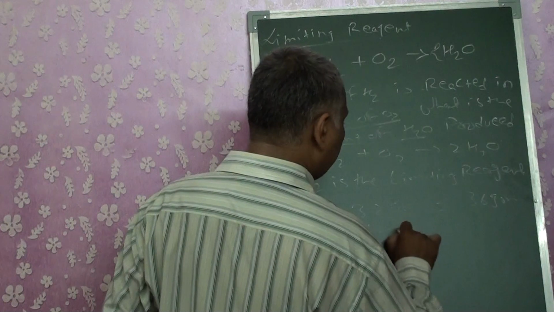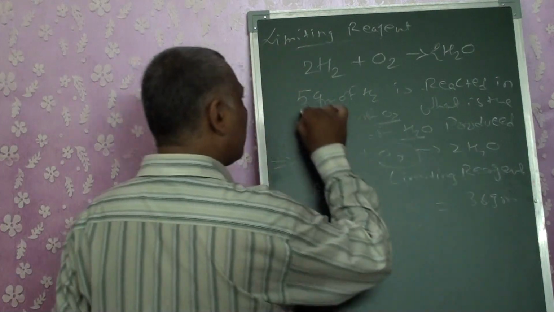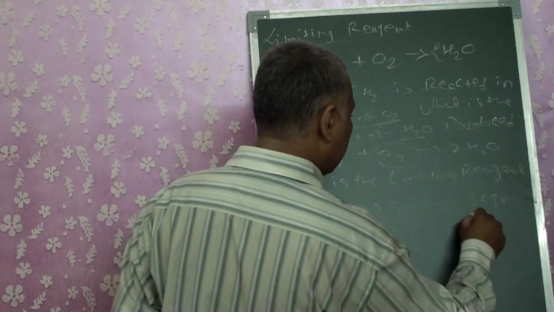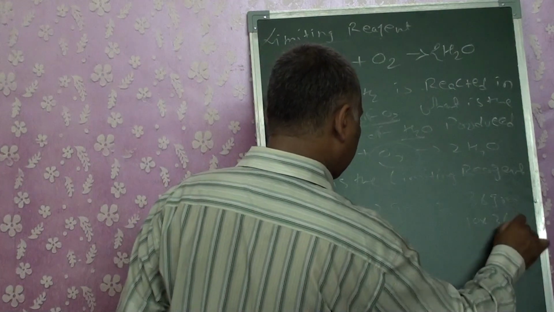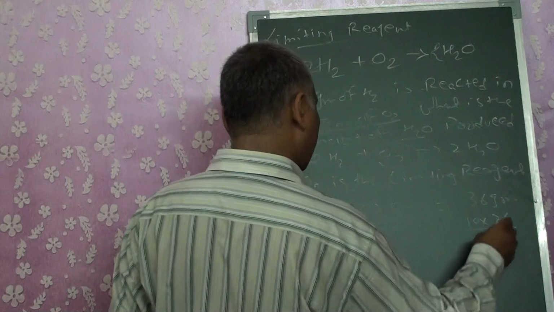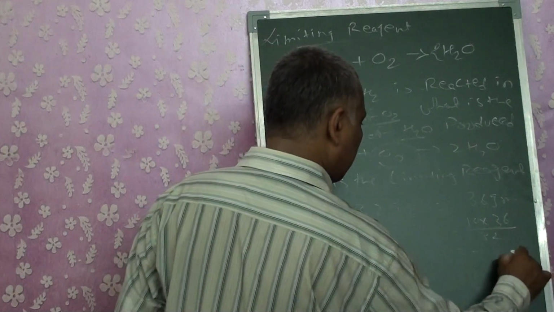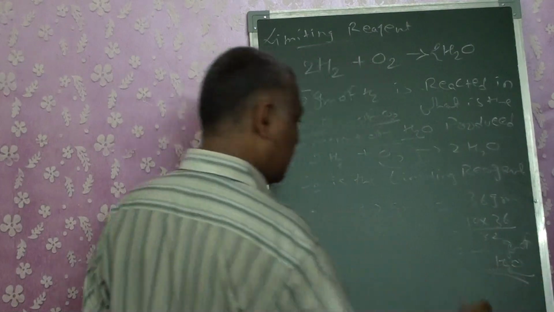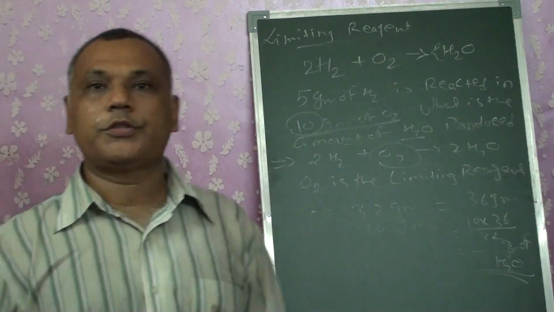So 10 gram, because oxygen was maximum 10 gram. So we will get it as 10 into 36 by 32. We will be getting the mass of water that will be produced.